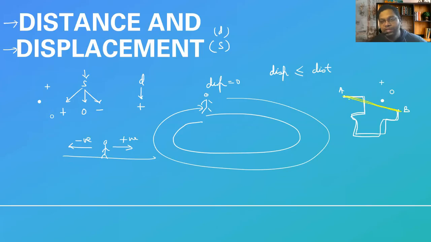So displacement is usually less than distance. However, suppose you have a 100-meter race, and you know that they all run straight. So in that case, the distance and the displacement will be the same.